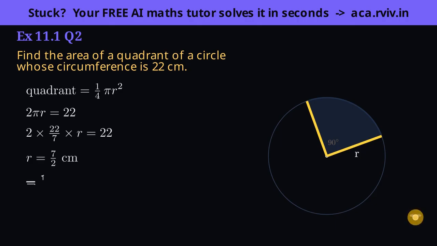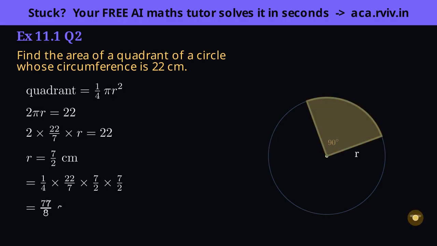Back to the goal, 1/4 of pi r squared. Substitute pi as 22/7 and r as 7/2, writing r squared as 7/2 times 7/2 so nothing is skipped. Multiply carefully, one of the 7s on the bottom cancels a 7 on top, and it lands on 77/8 square centimeters, which is 9.625.